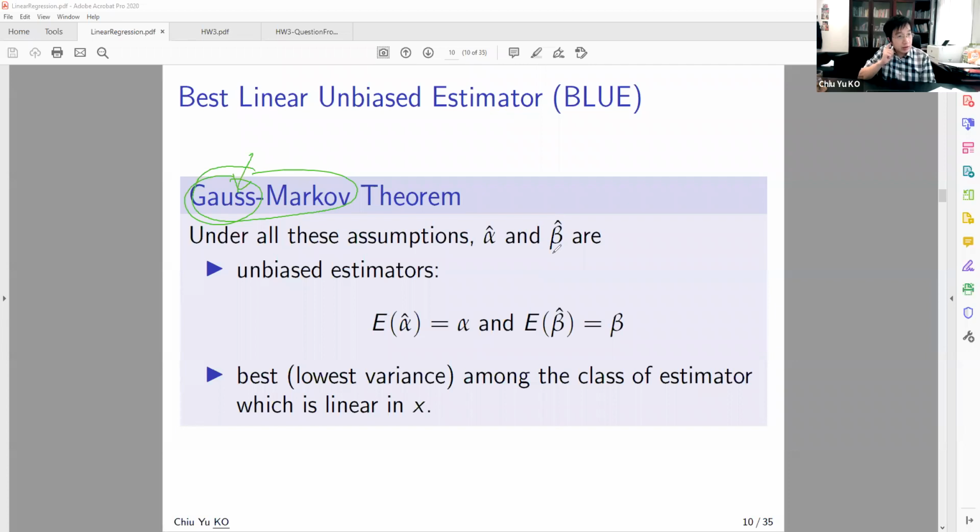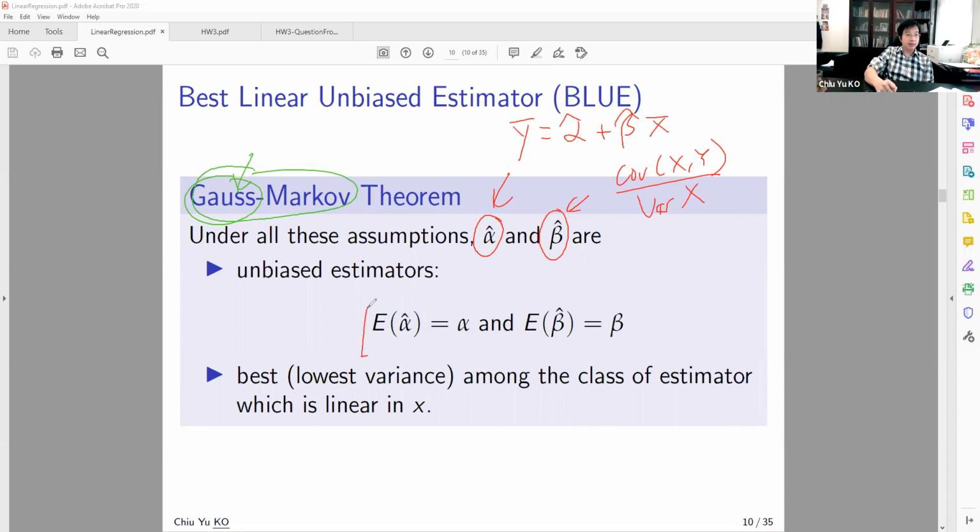What it means is that the thing we figured out in the previous slide, covariance of x and y over variance of x, and this comes from y bar equal to alpha hat plus beta hat x bar, turns out to be an unbiased estimator of alpha and an unbiased estimator of beta, as long as you're willing to assume the data is generated from assumption one. So what you do here is exactly the unbiased estimator. That's good, right? If you believe that's the case, then we're done.